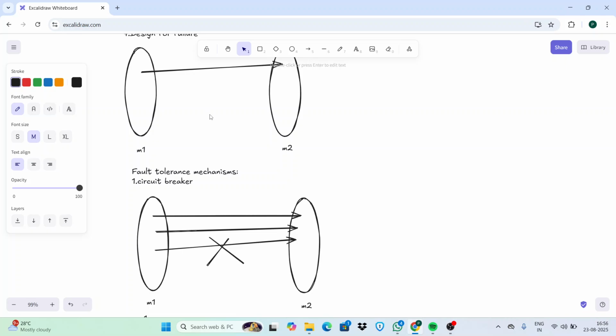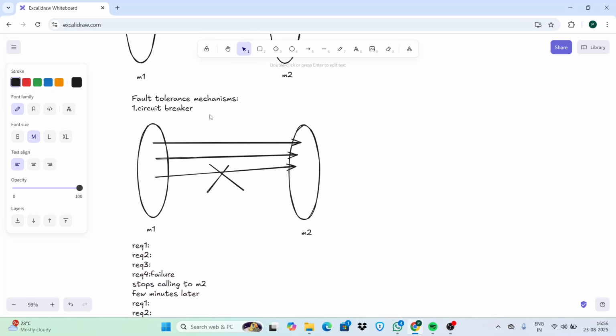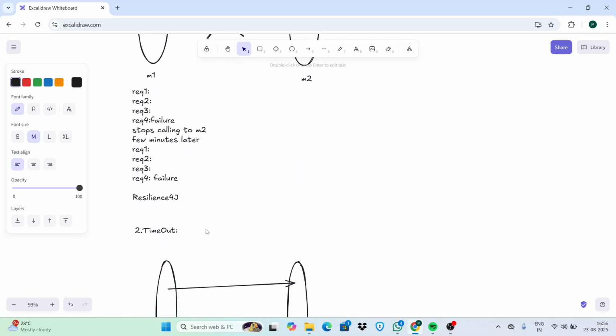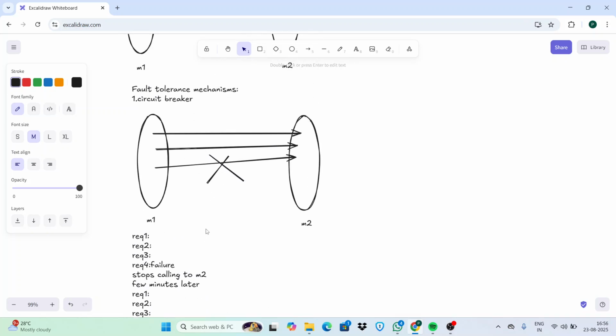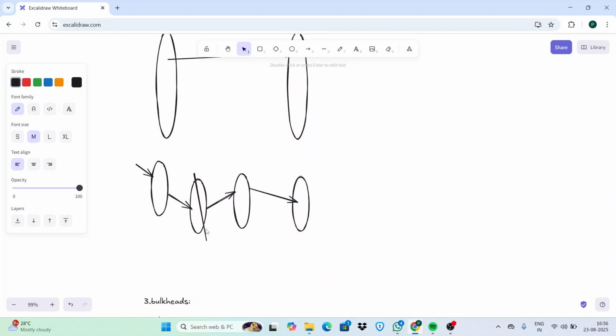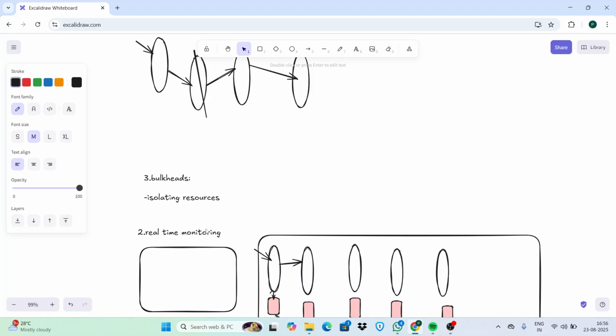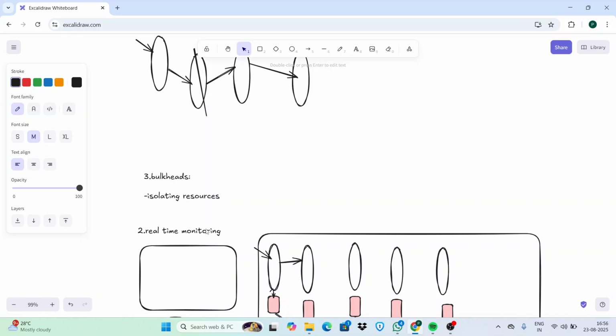For this, there are fault tolerance mechanisms, real-time monitoring, and logging, tracing, and distributed logging. In fault tolerance, we can use circuit breaker, timeout, or bulkhead mechanisms by adding the Resilience4j POM dependency.